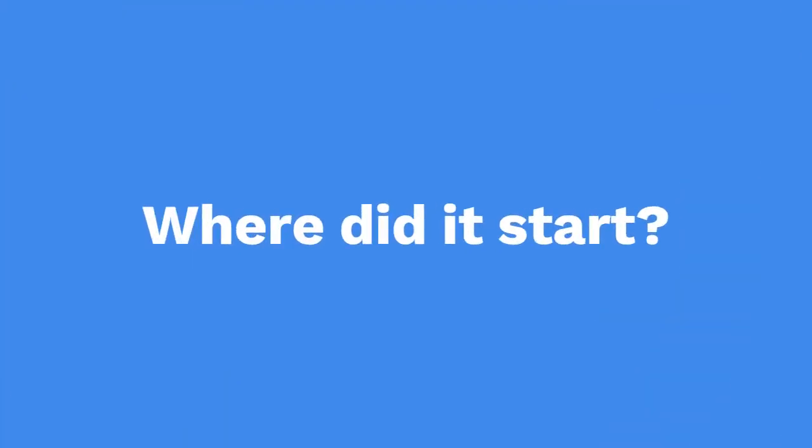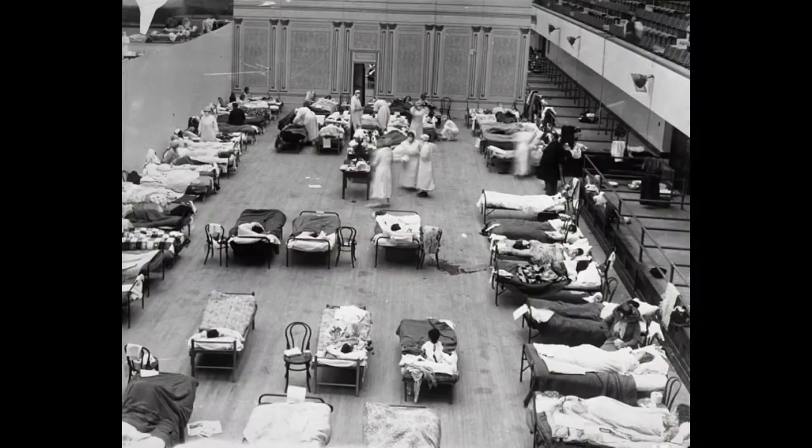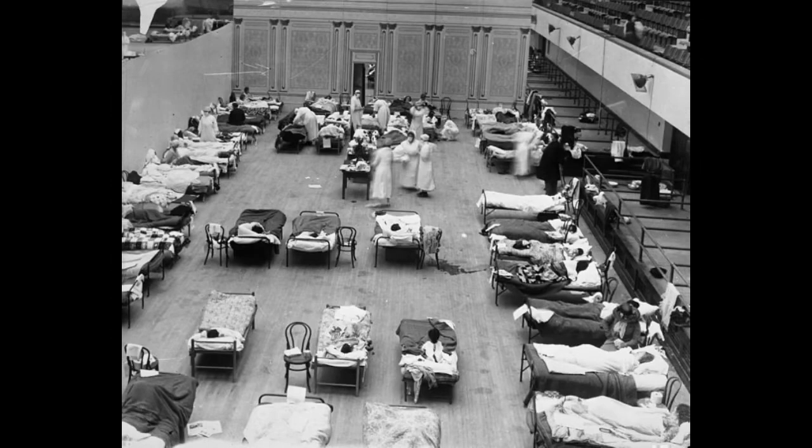Well, where did the Spanish flu start exactly? Well, it's hard to say for sure. Our first suspect is Fort Riley, Kansas, where 500 soldiers were diagnosed with flu-like symptoms on March 4th, 1918. These 500 soldiers were later shipped out to Europe.